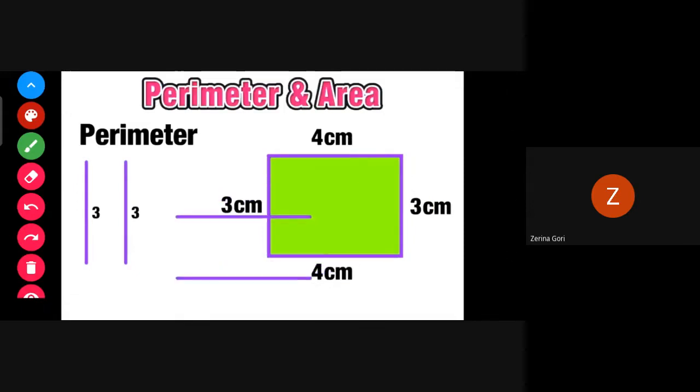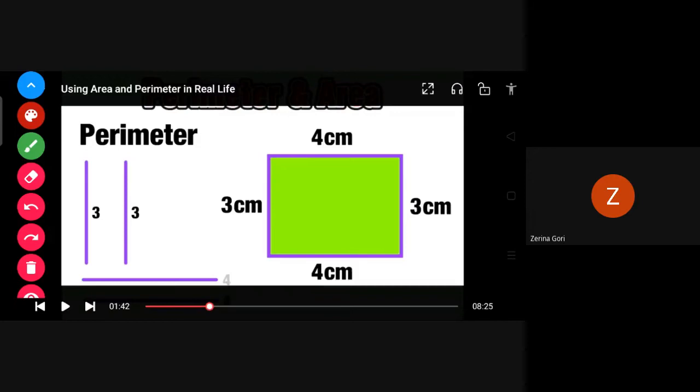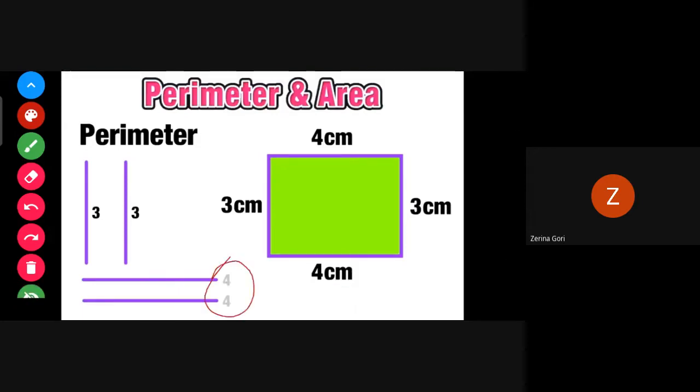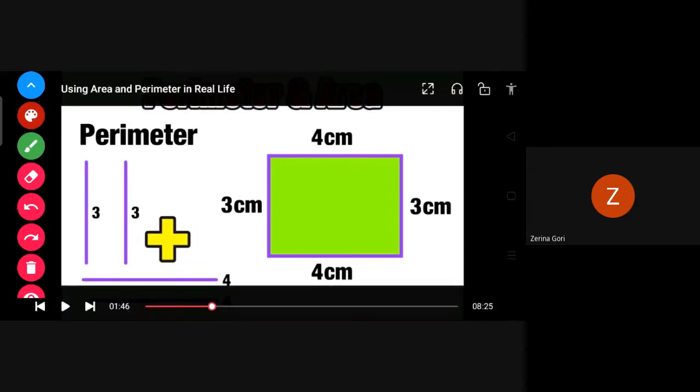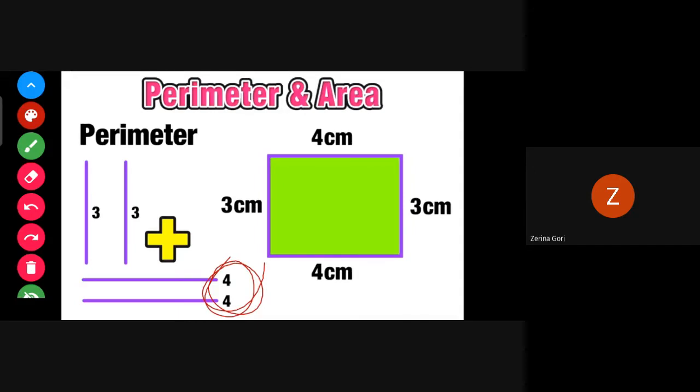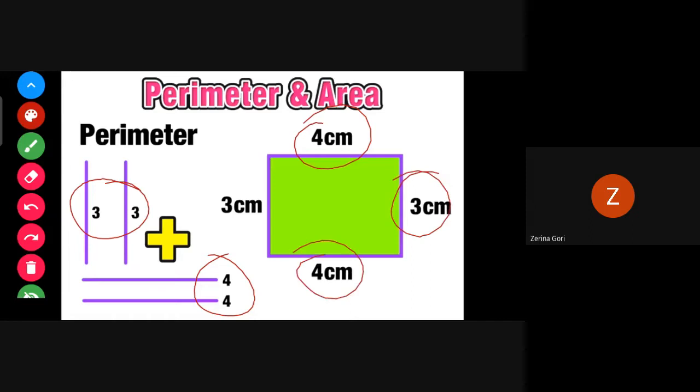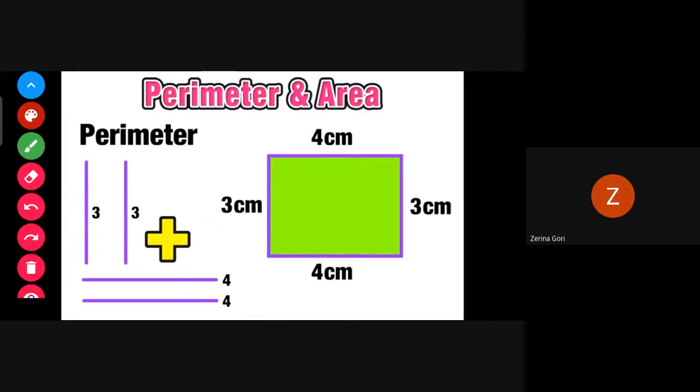Now they will take out this up and down, which is how much? 4, 4. So in rectangle opposite sides are the same, up and down and right and left. You don't have to forget that, because using it only the formula will come. So when we find the perimeter, we will add all 4 sides: 3, 4, 3, 4. So they will show us that only: 3, 3, 4, 4.